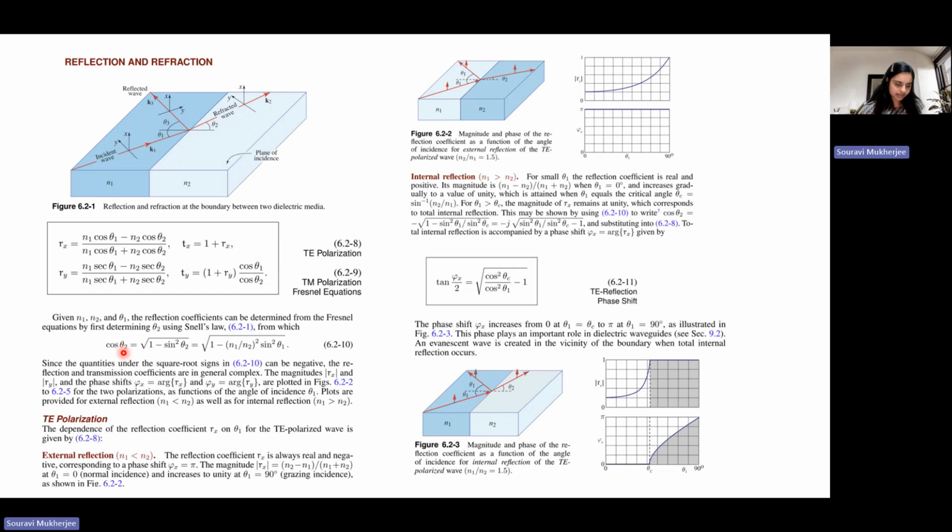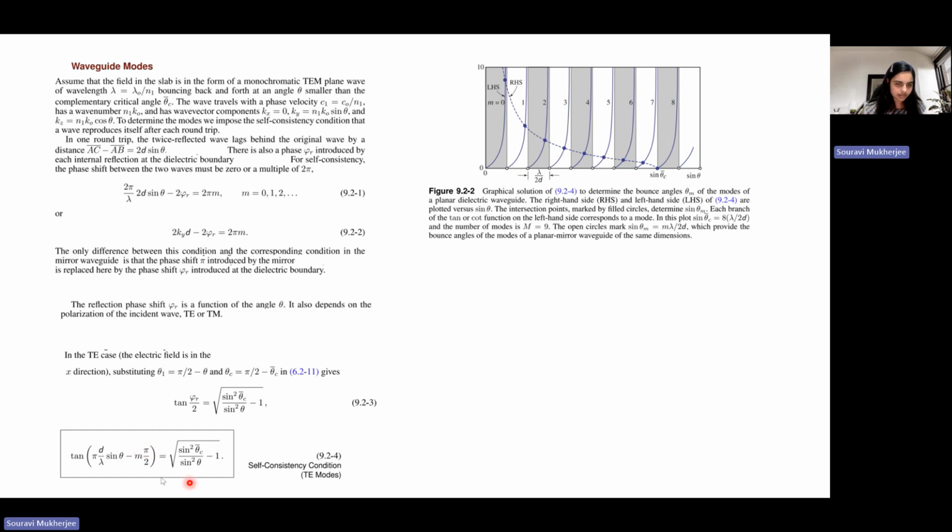Just as we can find the argument for a complex quantity, similarly we find the argument for the reflection coefficient, and that's the phase that gets added, and it satisfies this relation. Now, when this is included in the self-consistency condition, that gives us a relation that needs to be satisfied for the different modes.